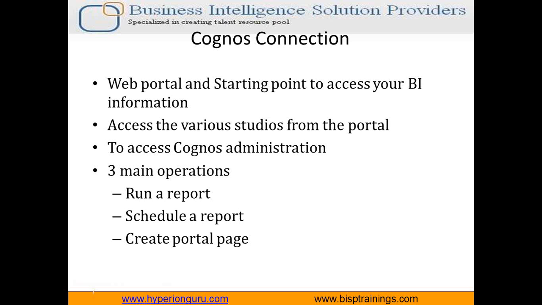We can also access Cognos Administration through it. We can define our own preferences. We can define what should be available to users, and define our own security through Cognos Connection. We can create our own DSNs here. So many things we can do in this.